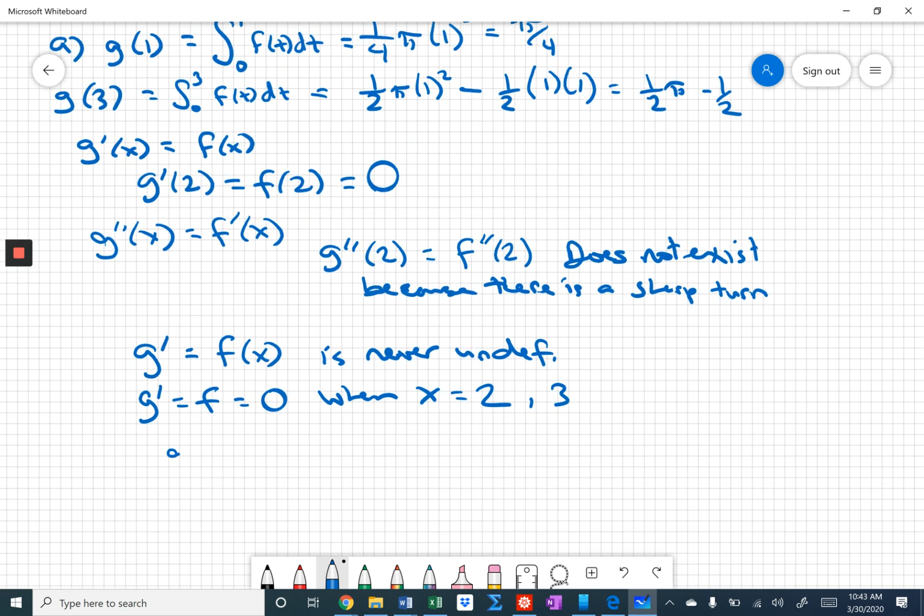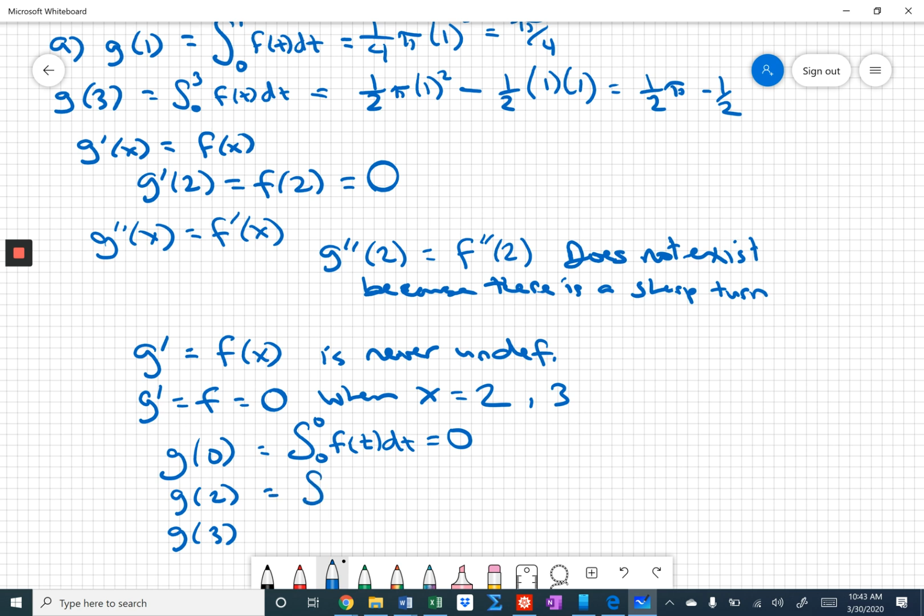So now we need to test the endpoints and the critical number. So I need g of 0, I need g of 2, and I need g of 3. The g of 0 is the definite integral from 0 to 0 of f of t dt. It doesn't really matter, it's a dummy variable anyways. So that's going to be 0 because the upper and lower limits are the same.